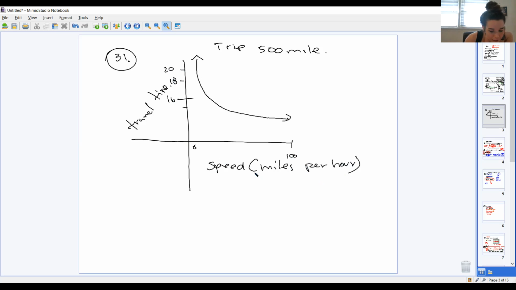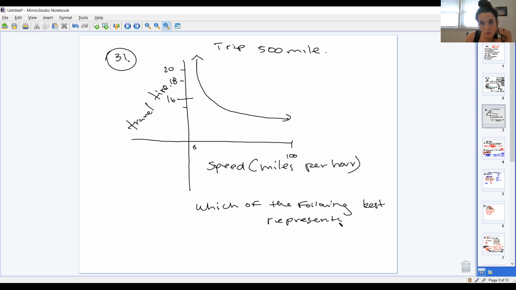And which of the following best represents the vertical asymptote, y equals 0? Okay, so I'm going to write those statements out really quick.